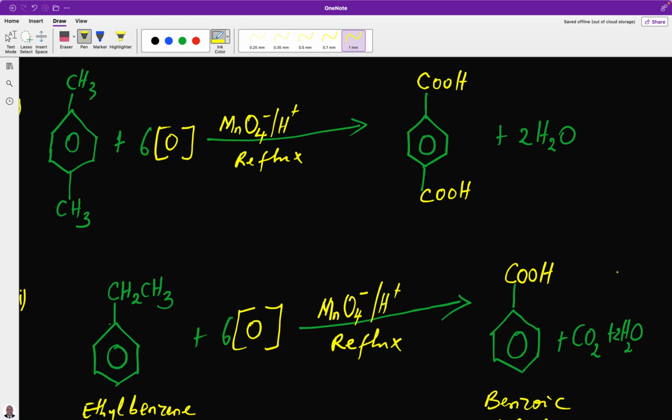The other carbon will be converted to carbon dioxide and water. So do not be confused if given a methyl group, an ethyl group or a propyl group. Remember that only one of the carbons is oxidized to a carboxylic acid group. The rest are converted to carbon dioxide and water.